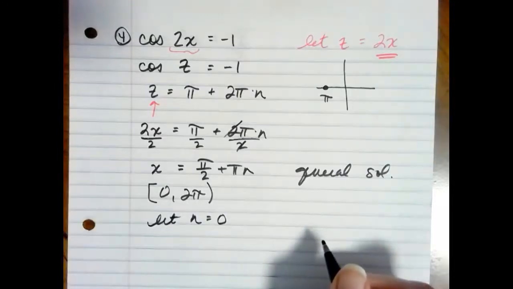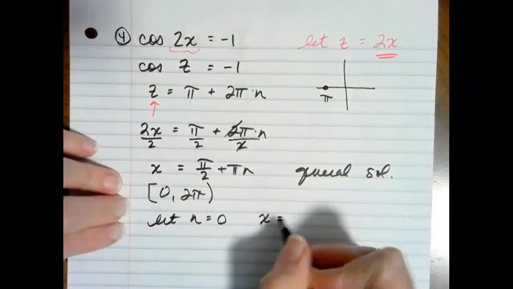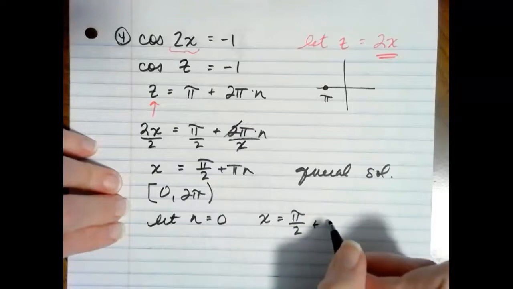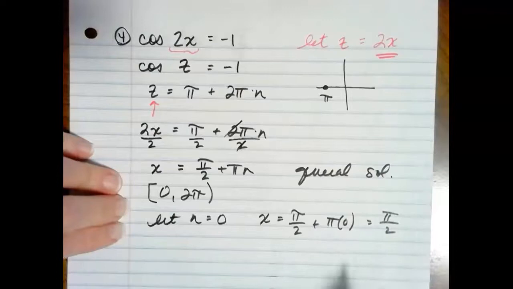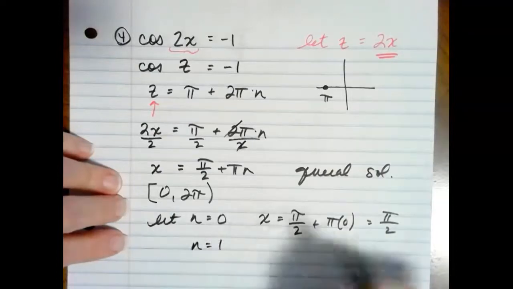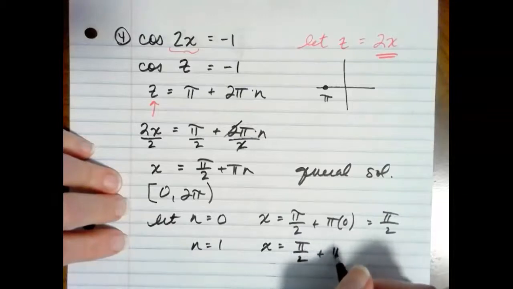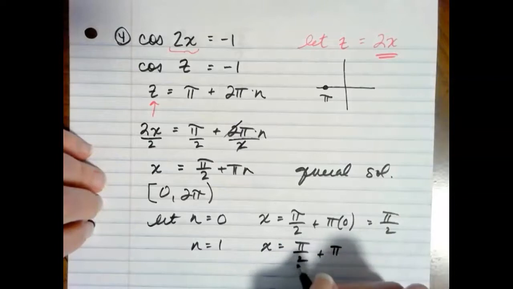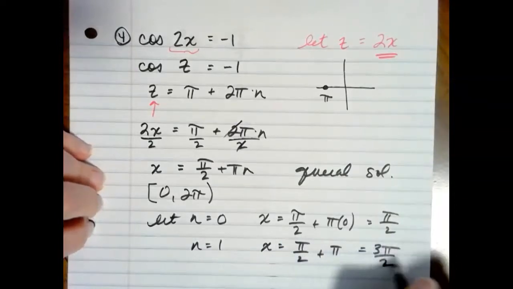So if we don't do any revolutions whatsoever, then x equals pi over 2 plus pi times 0, which of course is 0. That is pi over 2. If we let n equal 1, then x equals pi over 2 plus pi times 1, which of course is pi. So 1/2 plus 1 whole is 3/2 pi.